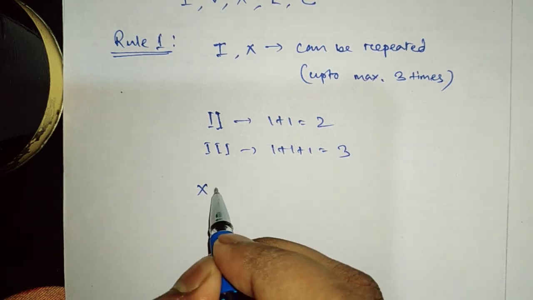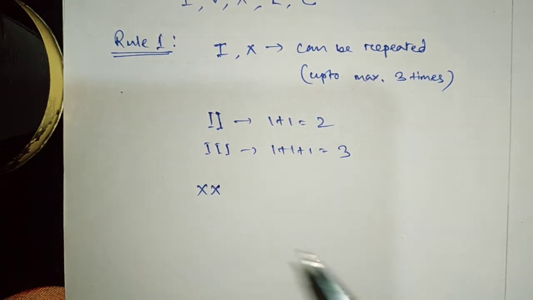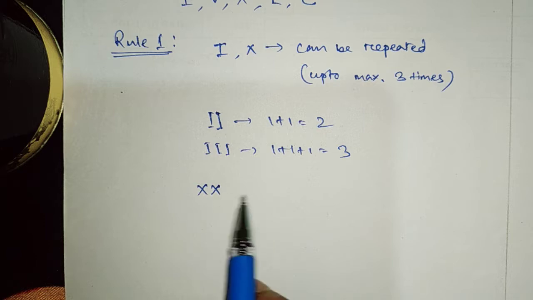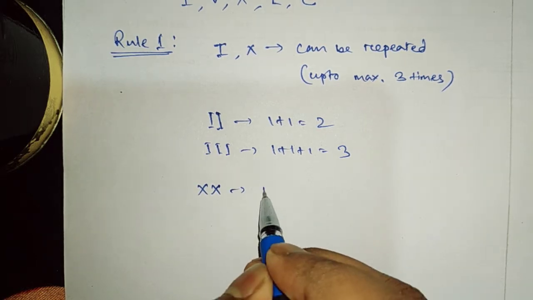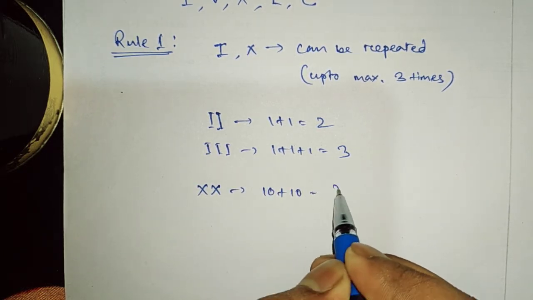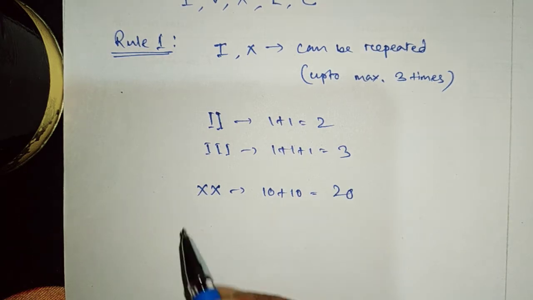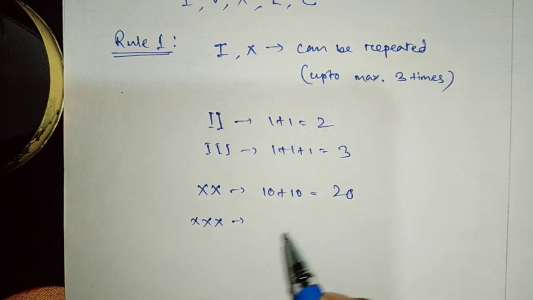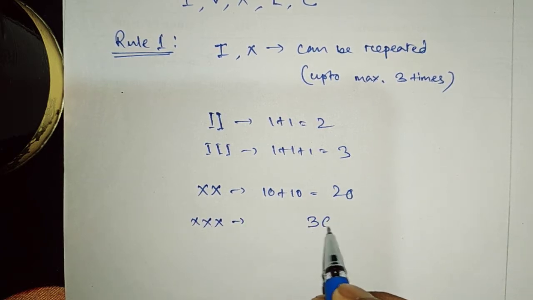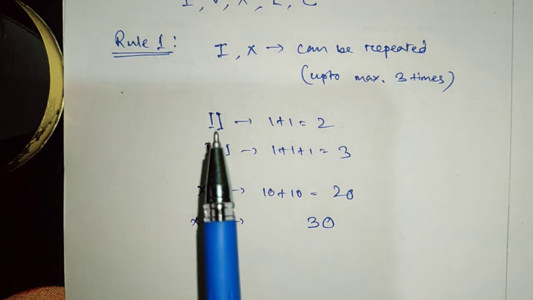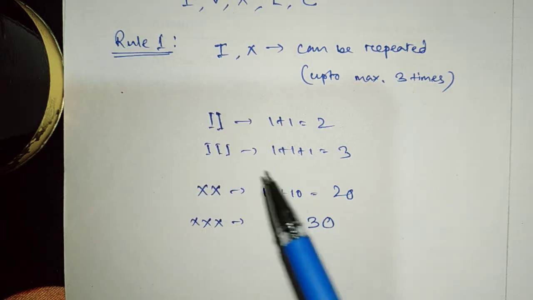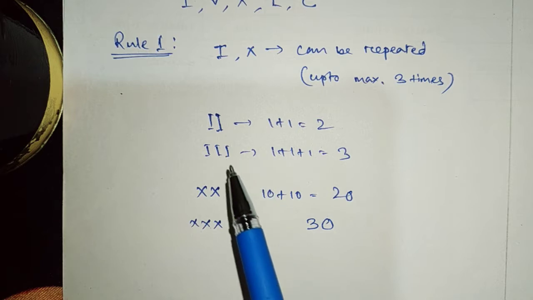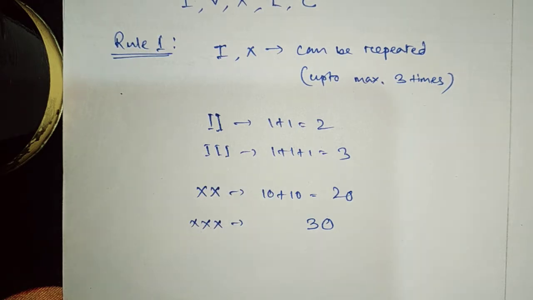If we repeat X and X, it's 10 plus 10, 20. If you have to write 30, 10 plus 10 plus 10, which will be 30. So only I and X are repeated, and at most we can repeat them up to 3 times.